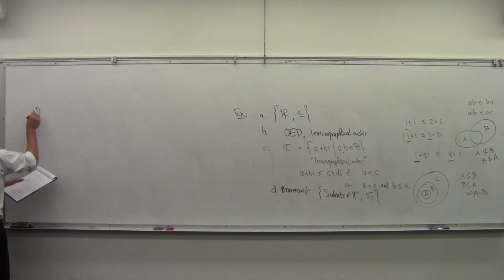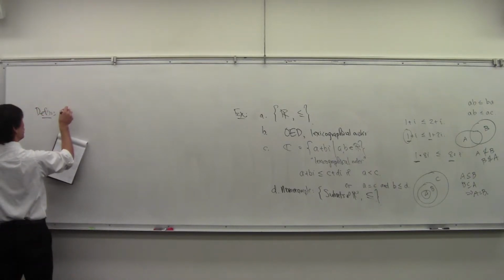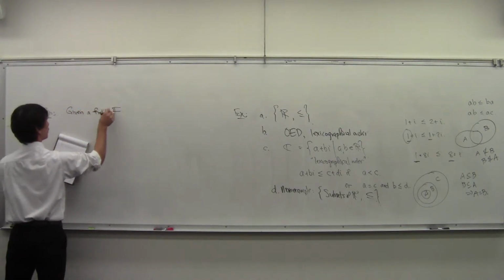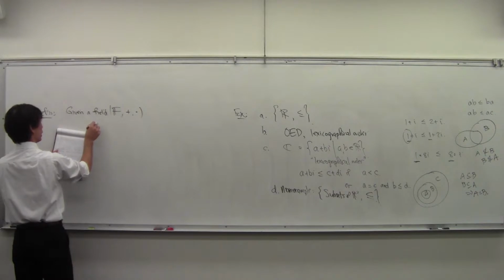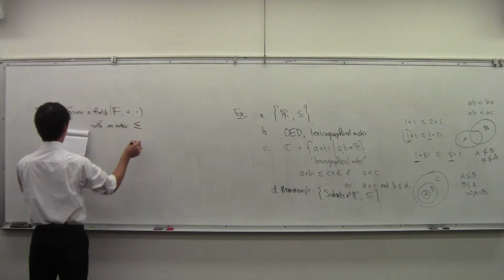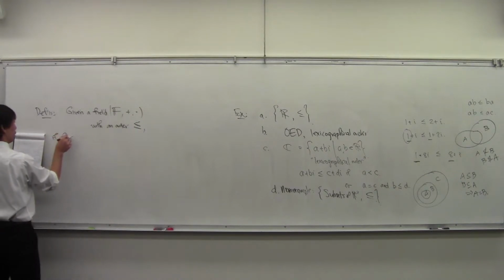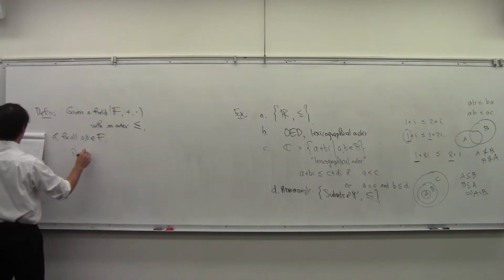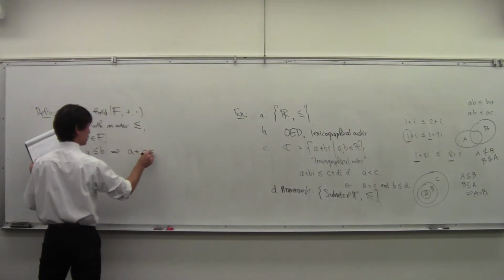So if a field has an order, so given a field F with an order, if for all A and B in F, A being less than or equal to B implies that A plus C is less than or equal to B plus C.